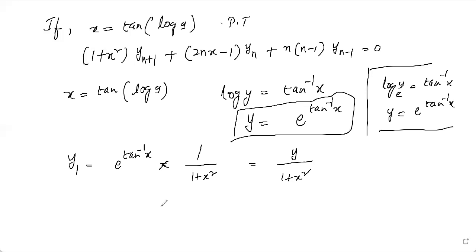So 1 plus x square into y1 minus y is equal to 0.